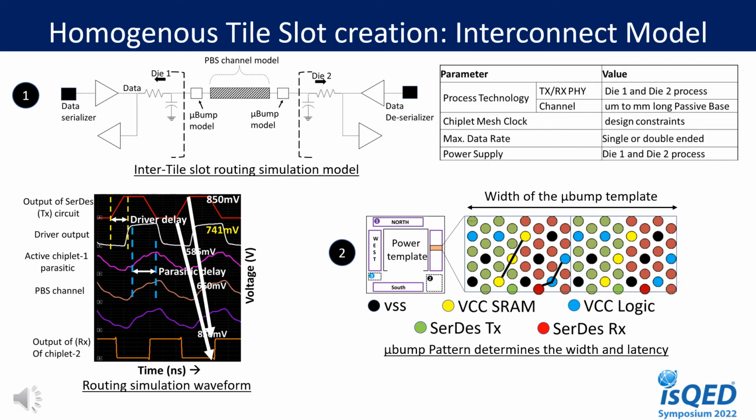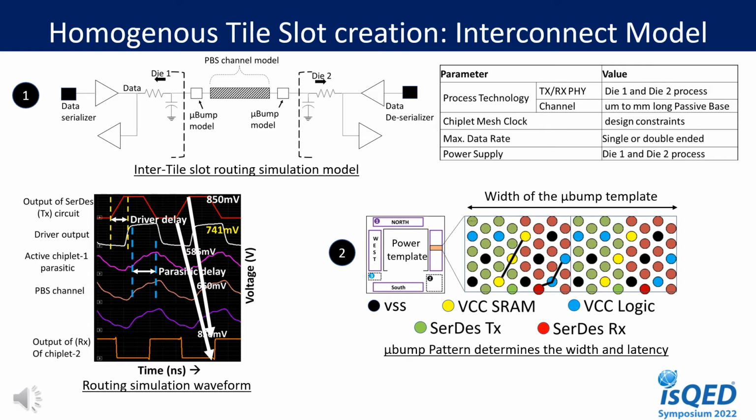Through the PBS, based on the inter-die gap or the inter-die distance, it again has to go through the receiver portion and the driver portion of the die 2 for a successful communication. Therefore, the width and the number of metal layers needs to be designed on a PBS. At the same time, the driver needs to incorporate all the parasitics from the PBS channel. This methodology is kind of agnostic to any particular technology.